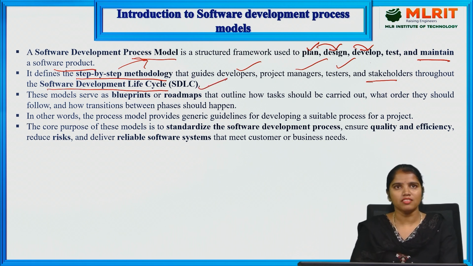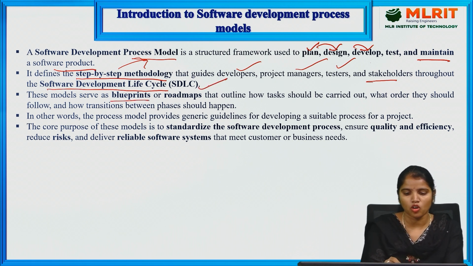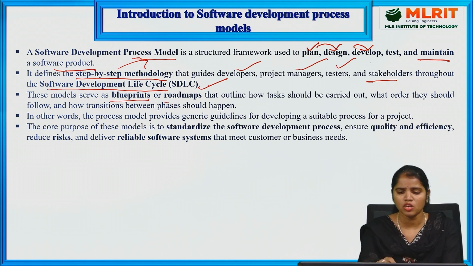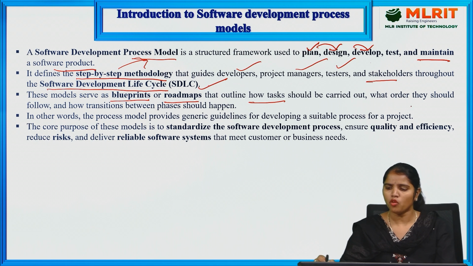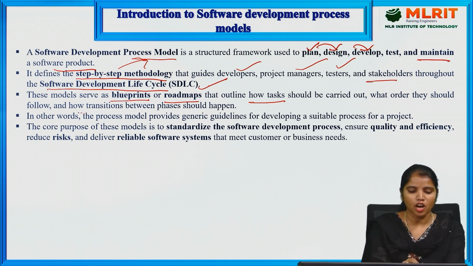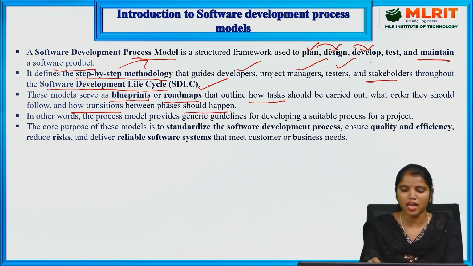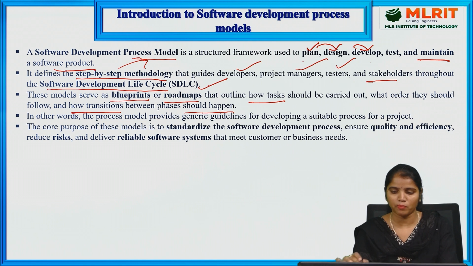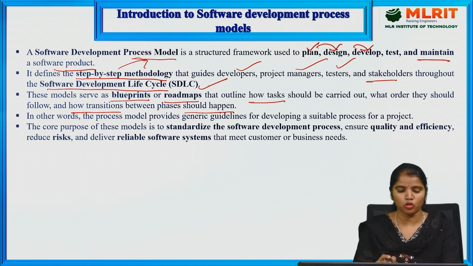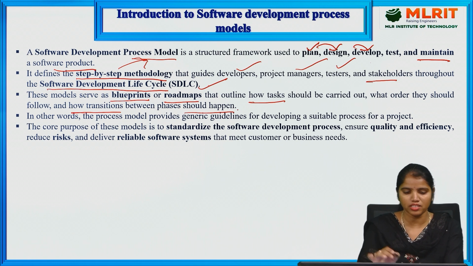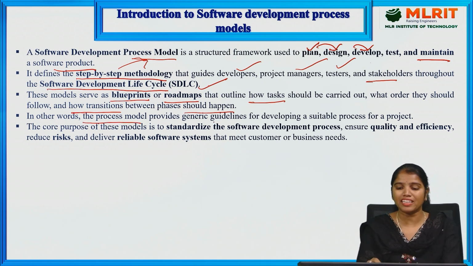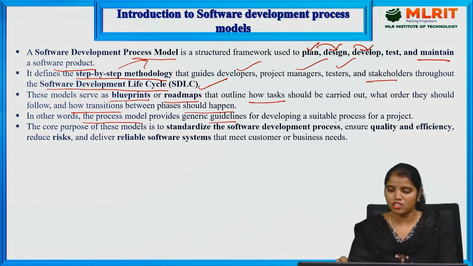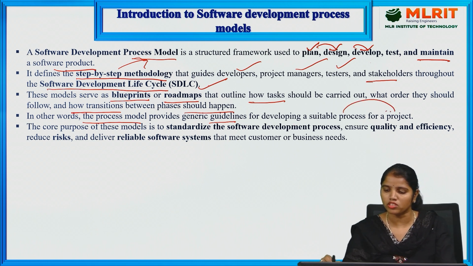This model serves as a blueprint, or we can also call it a roadmap, that outlines how tasks should be carried out, what order they should follow and how transitions between phases should happen. In other words, the process model provides generic guidelines for developing a suitable process for a project.